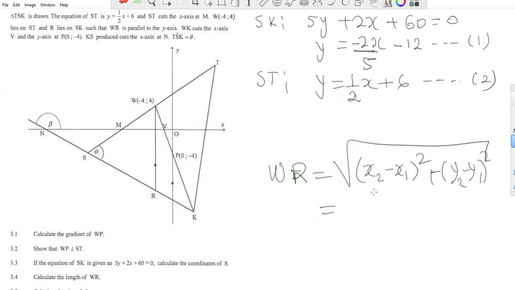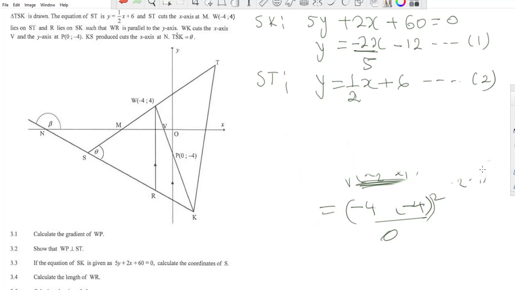But I just want you to look at this. This will give you 0 because it's the same x value. Because x2 will be minus 4 minus, and the x1 is also minus 4 because they are parallel, so this will give you 0.